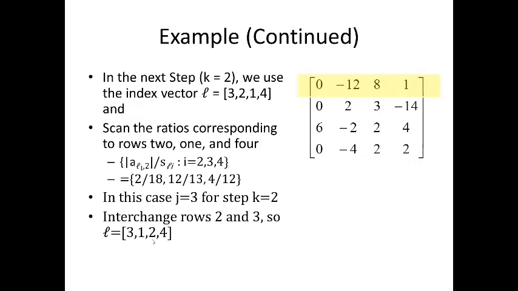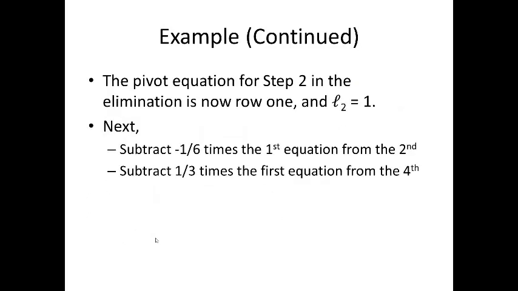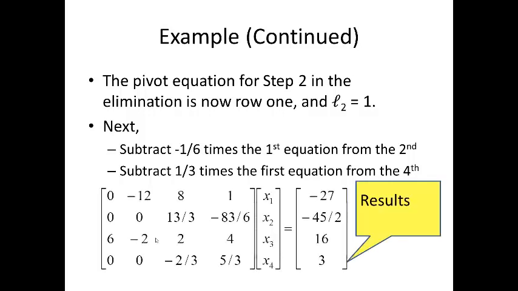So the pivot equation for step 2 in the elimination is now row 1, and L2 is equal to 1. So next we're going to subtract the appropriate multiples. In this case, it's -1/6 times the first equation from the second, and 1/3 times the first equation from the fourth. This will give us the following results.